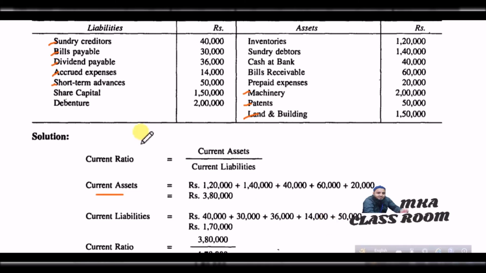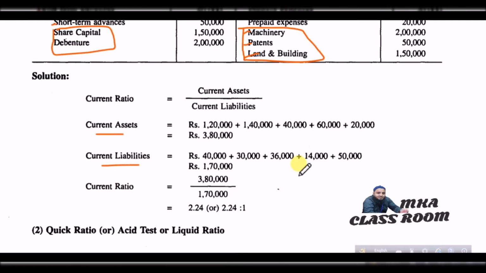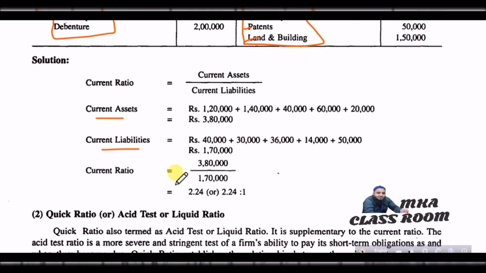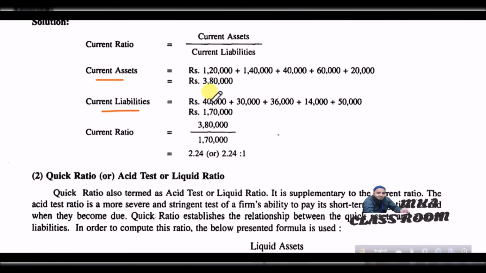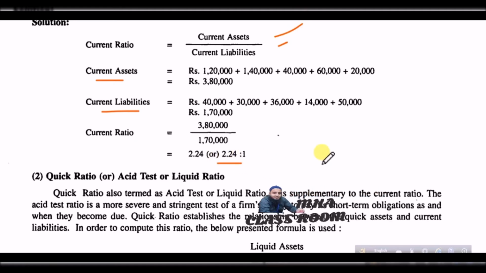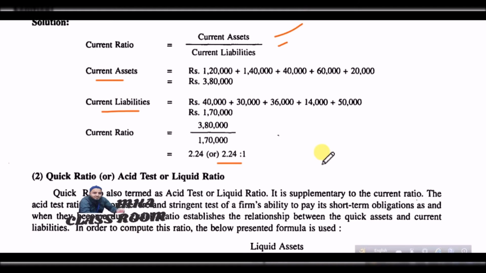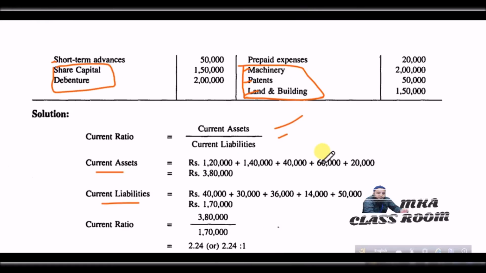These are the current liabilities, and share capital and debentures are the long term liabilities. So these should not be included in our calculations. Then if we do current asset divided by current liabilities, our result is 2.24:1. That means this firm has 2.24 times greater current assets than its current liabilities.